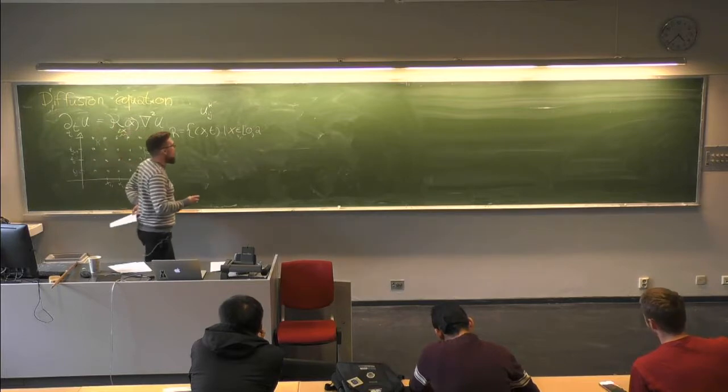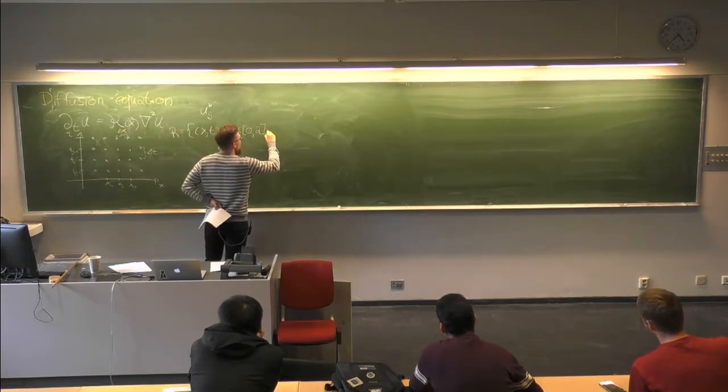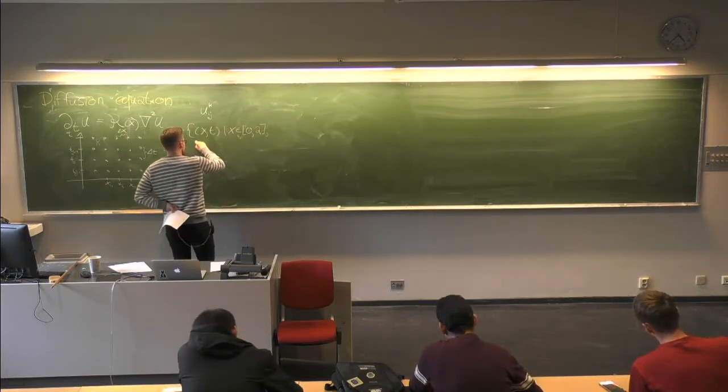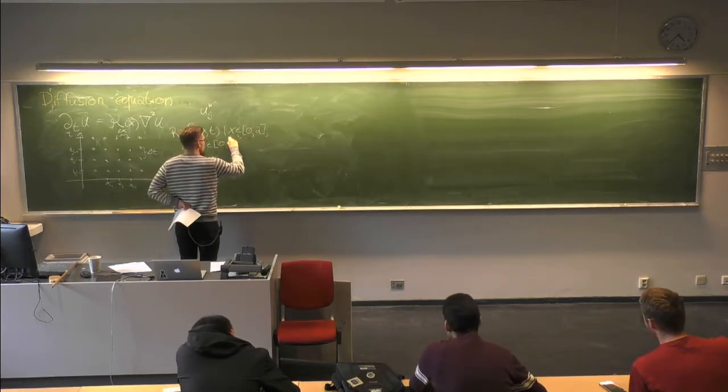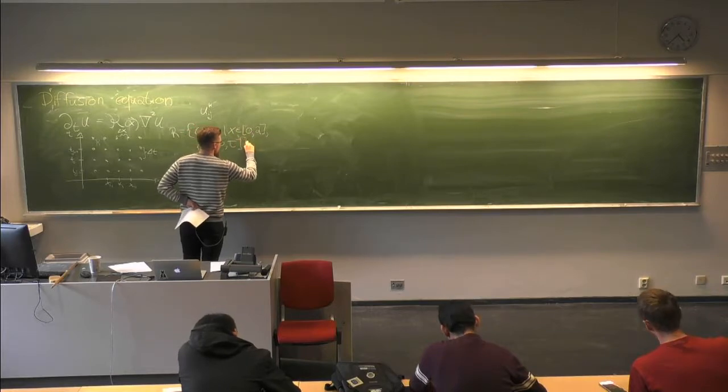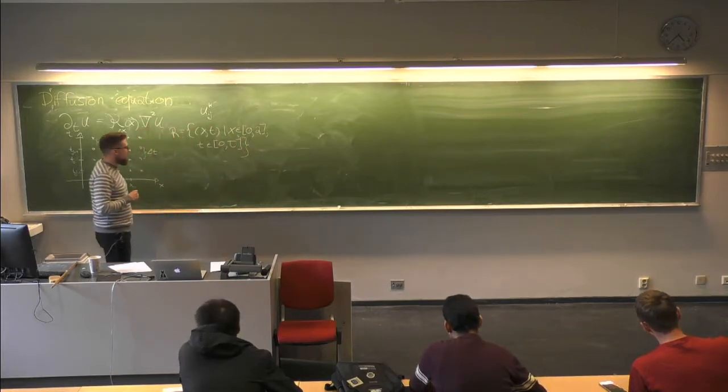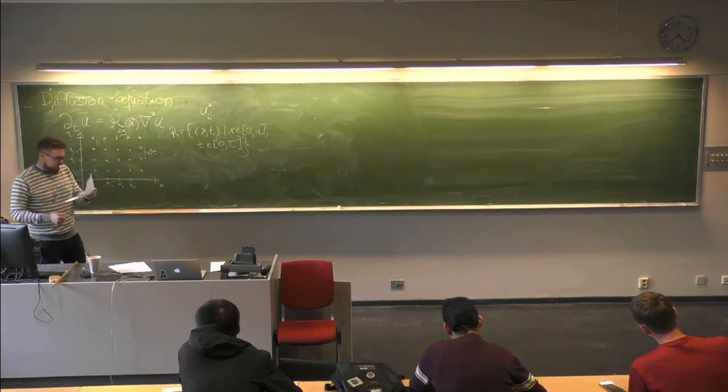That doesn't really matter. And time t runs from c to some final time. So it's easier to just start time at 0 always. You can always shift stuff in time.